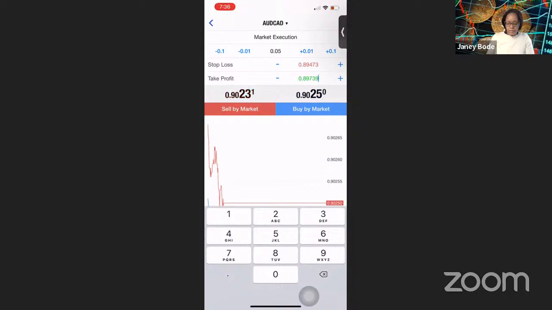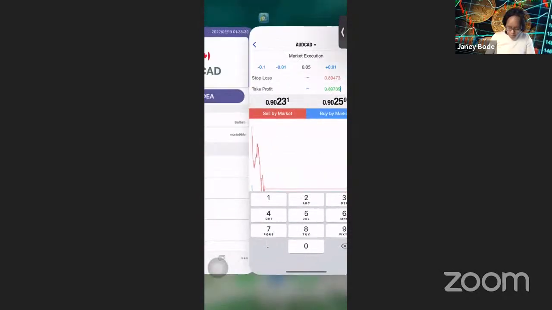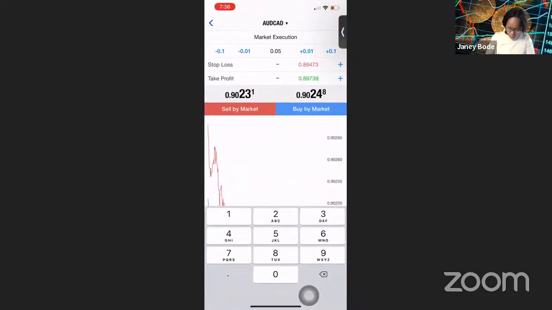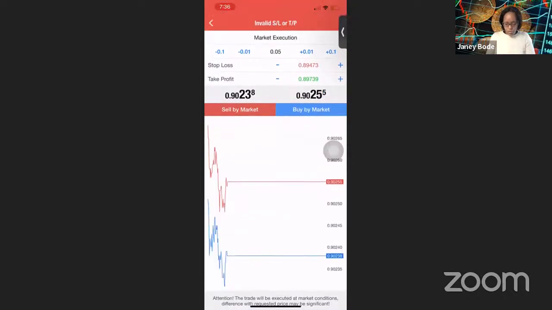Now, if we make an assumption that this number here, hold on, we're making an assumption that this number here is around 0.89600 or 0.89636. If that's correct, if you come here and those numbers are valid, the only thing you have to do is just click the, it's not gonna let us buy because the market has already moved away.